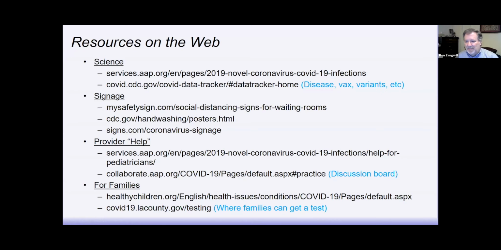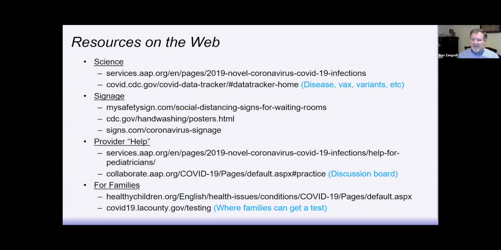So I'll just leave this slide up here for a moment. I'm not going to read it, but these are some web-based references for you and for your families with regards to the science, where you can get signage if you don't already have it. A lot of interesting stuff here. There's a discussion board through the AAP. And for families, healthychildren.org is an AAP thing as well.